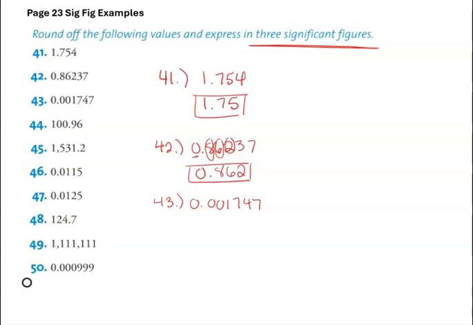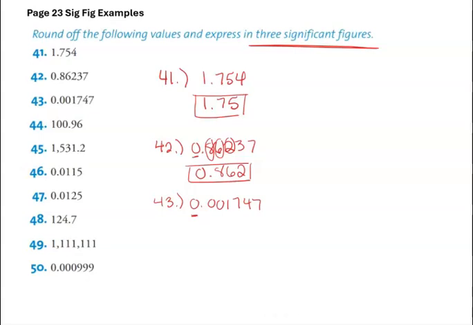But this was one of our rules that we went over. Zeros to the right of the decimal point are non-significant if there's no non-zero number to the left of it. And that's the situation. So these zeros are just placeholders, the same scenario as 42.